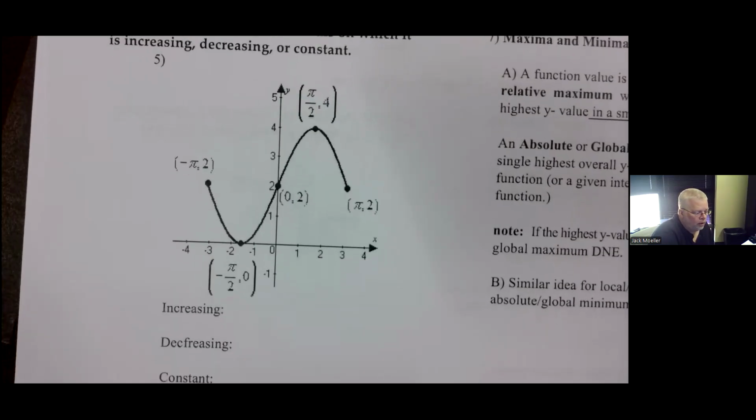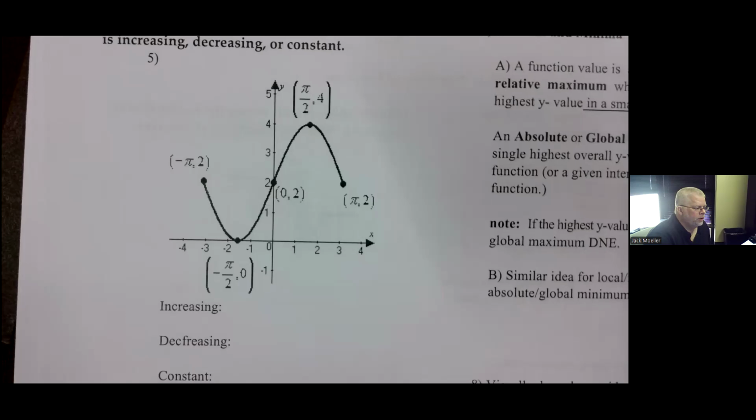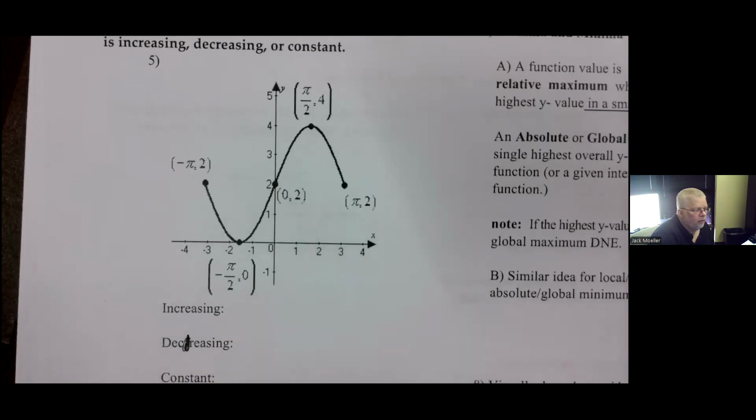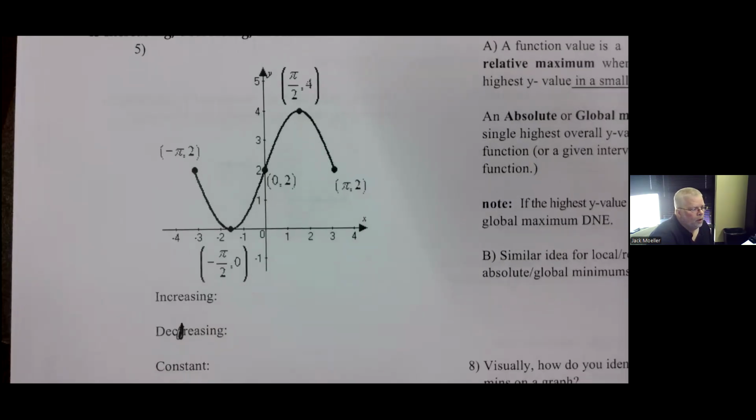In trig, you deal a lot with circles, and anytime you're dealing with circles, you're dealing with pi. So these x values are coming from a trig function, the pi's. Okay, so weird looking numbers aside, we're still asking where is it increasing, decreasing, and constant.